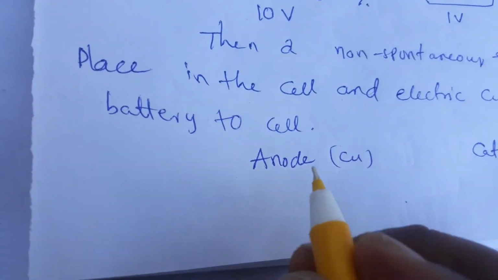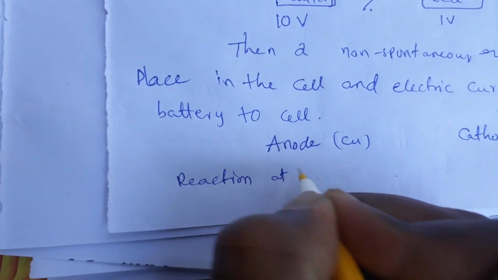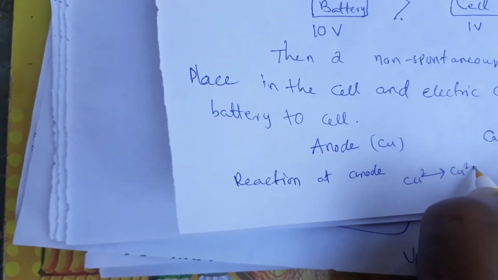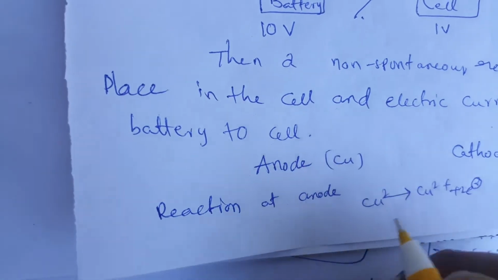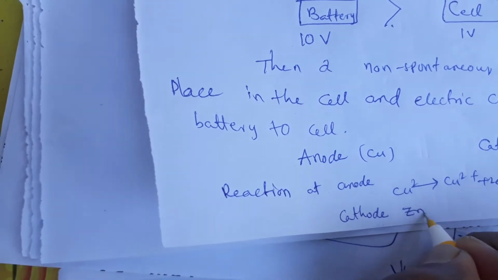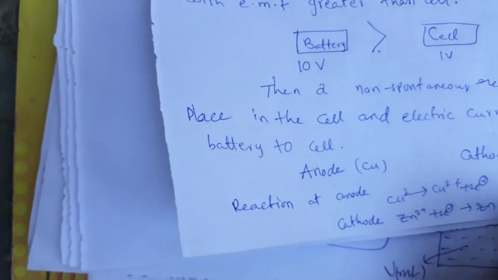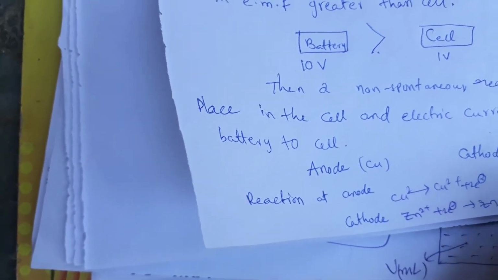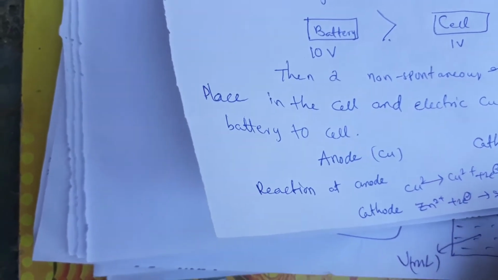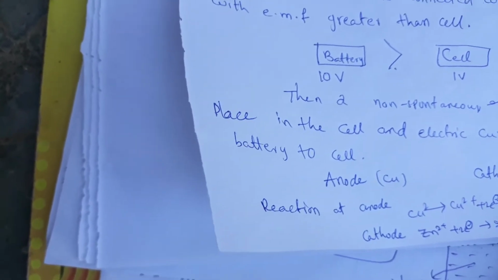So obviously, the reaction at anode is copper going to Cu2+ plus 2 electrons, and the reaction at cathode is Zn2+ plus 2 electrons gives rise to zinc, and the net reaction is copper plus Zn2+ gives rise to Cu2+ plus zinc.